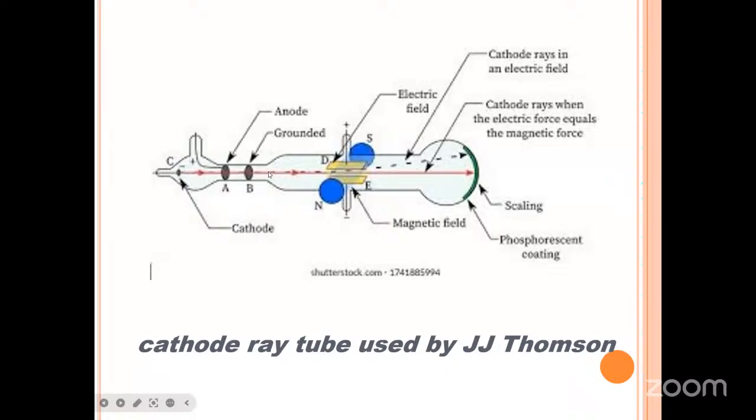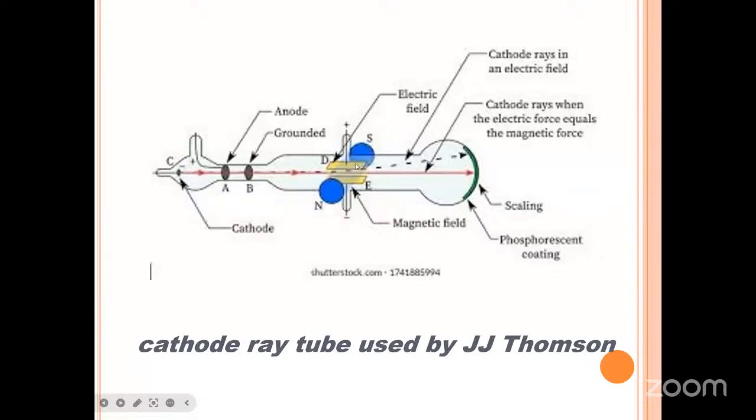But now, what happens to the ray? As the ray comes out, you can see they made the ray pass through both the electric field and the magnetic field. The yellow represents the plates of the electric field, and the blue represents the plates of the magnetic field, north and south. By varying the forces of the electric and magnetic fields, you can determine where it will land.